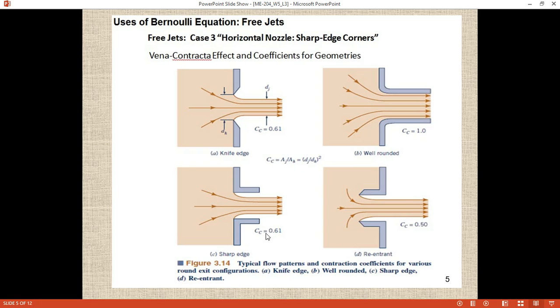So if you want to find out the velocity not at the exit of the hole but at the jet, we can use this correction factor and find it out.